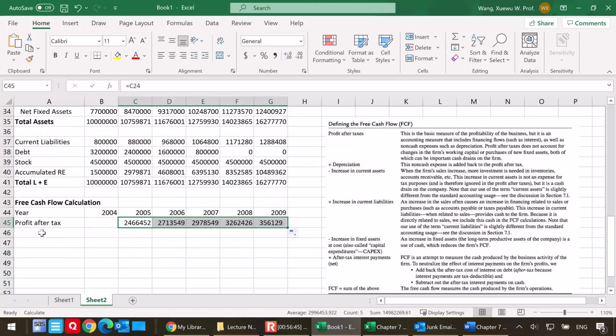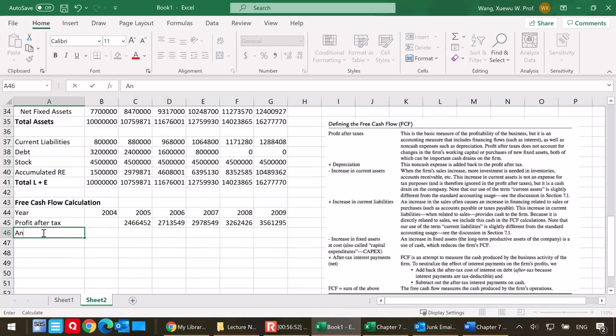And I'm going to look at the next item here, depreciation, okay? Annual depreciation, all right? So remember, we're trying to calculate the after-tax cash flows. Now, in the capital budgeting chapter, we discussed the two approaches. One is, you take out depreciation earlier and then you put depreciation back.